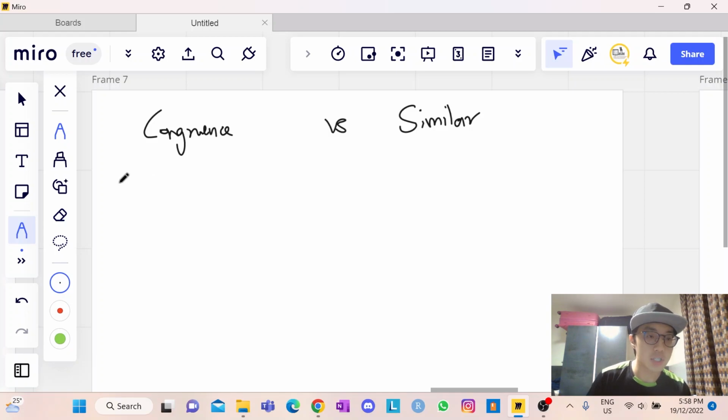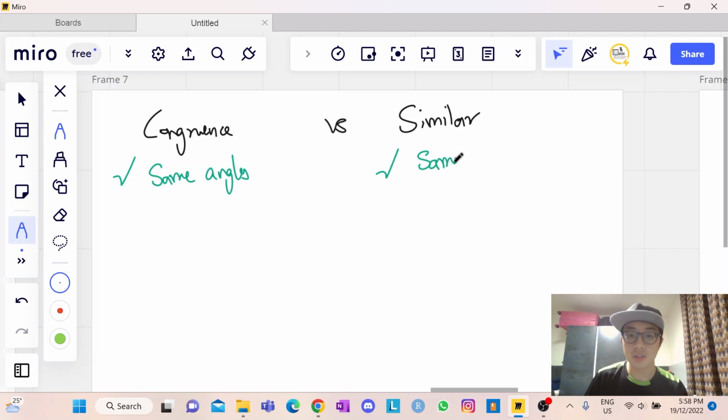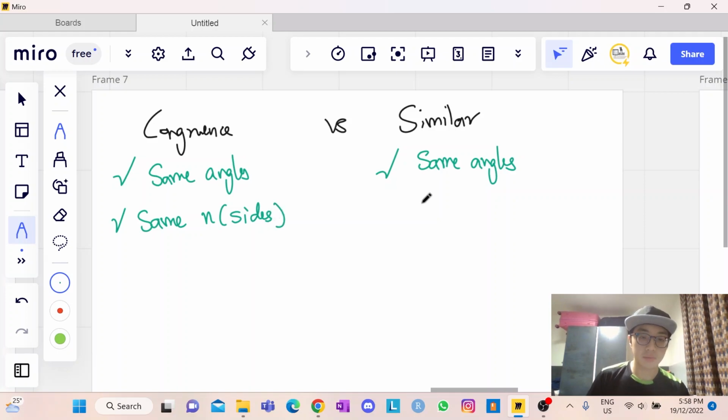So we said just now they must have the same angles. Similar shapes have the same angles and the same number of sides.